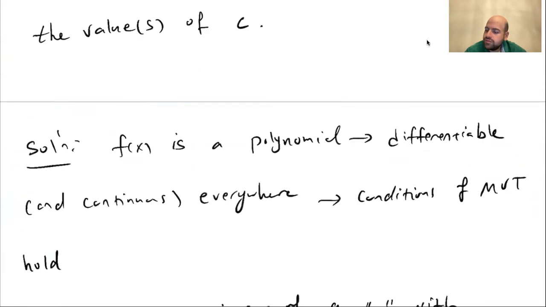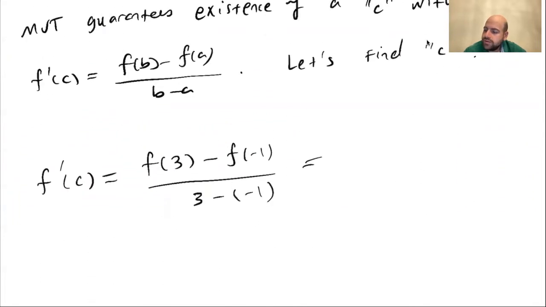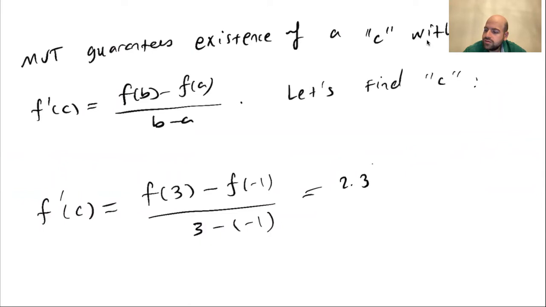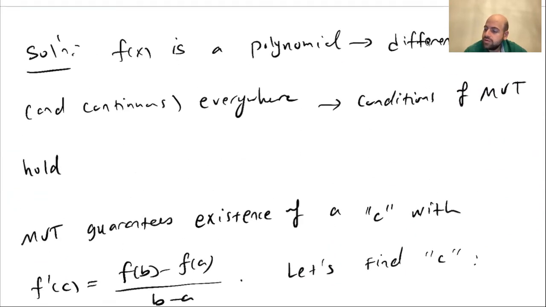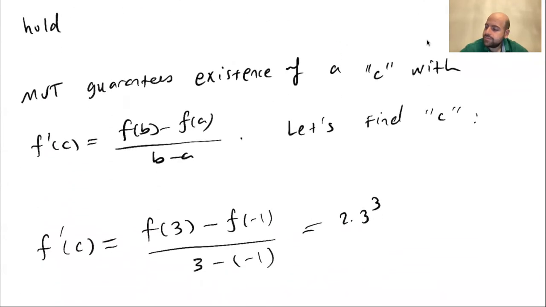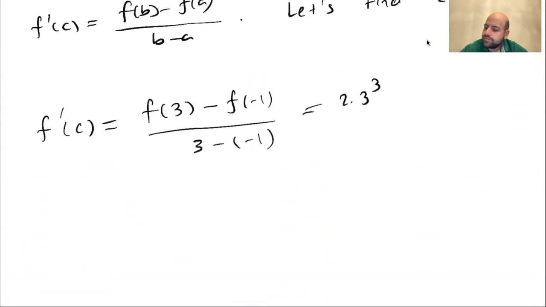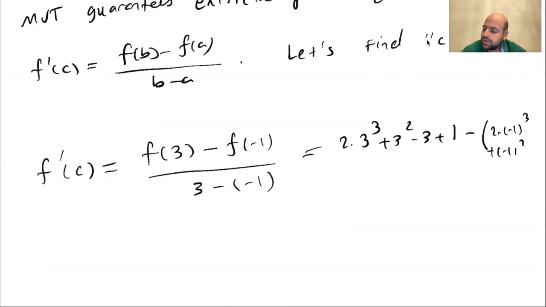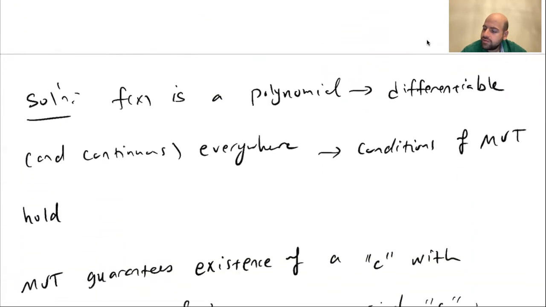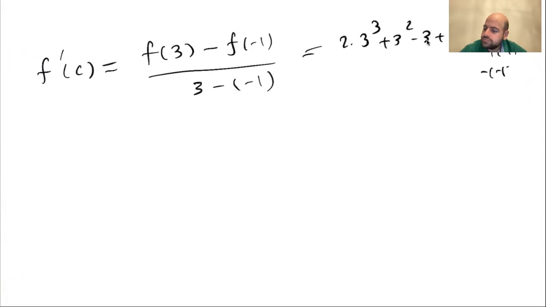How much is f of 3? 2 times 3 cubed plus 3 squared minus 3 plus 1, minus f of -1, which is 2 times -1 cubed plus -1 squared minus -1 plus 1, and then the whole divided by 4.